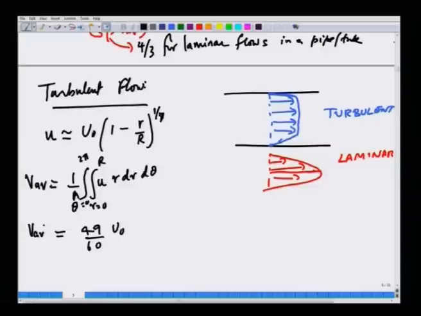So, the average velocity differs from the maximum velocity only by a factor of 49 by 60, for turbulent flow, whereas for laminar flow it is half. So, it is 30 by 60.